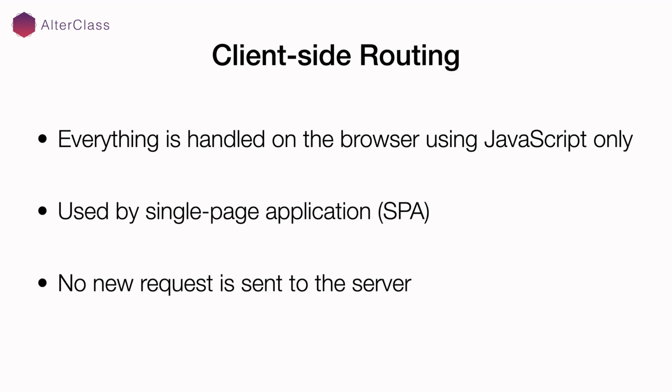This HTML document is initially a blank page that is being updated internally by the JavaScript loaded on the page. In our case, we're using React to do that. So we have only one HTML document in our application, but then all the routes or pages are handled by React on the client side. That's why we call that client-side routing.